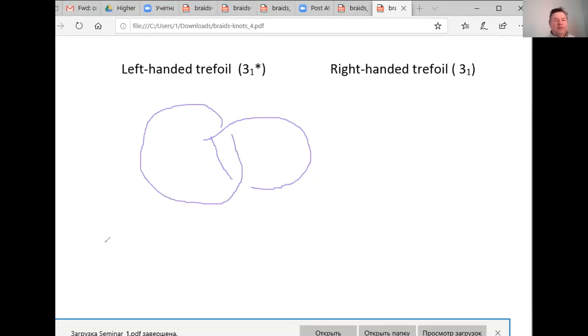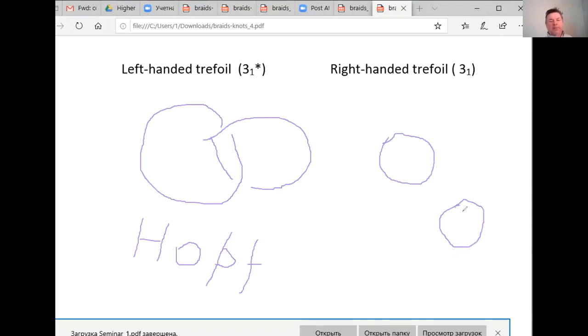Okay, this is called Hopf link, by the German mathematician Heinz Hopf. So this is the simplest link you can imagine. Of course, maybe if you want the simplest link, the link of two components is the trivial one. But this is a link, and this is the Hopf link, and it is of the following form.